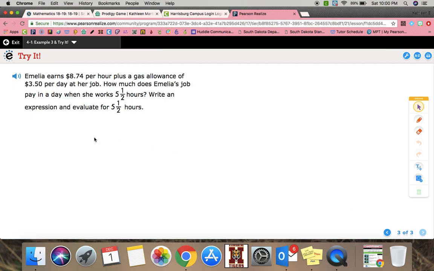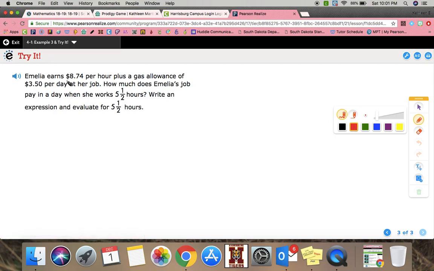Okay, so let's try this one. Amelia earns $8.74 per hour plus a gas allowance of $3.50 per day at her job. How much does Amelia's job pay in a day when she works 5.5 hours? Write an expression to evaluate for 5.5.